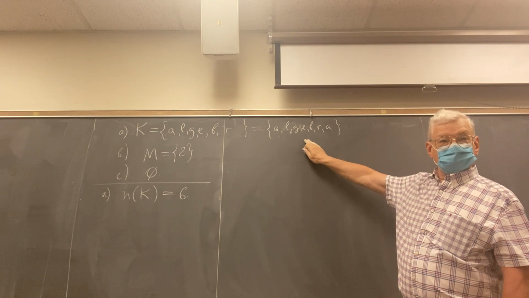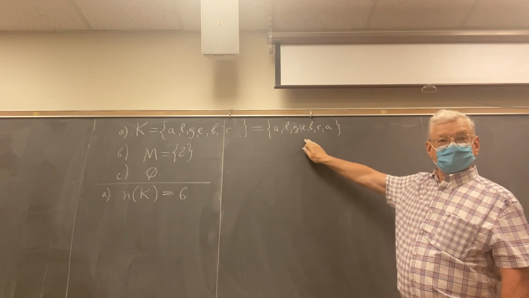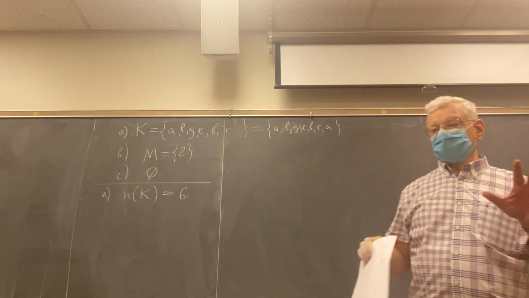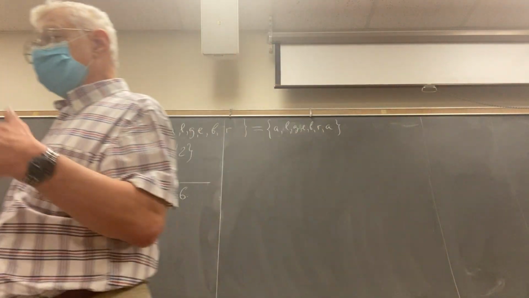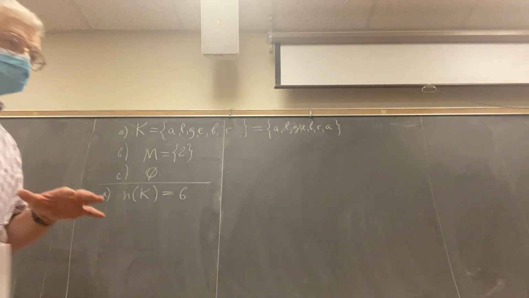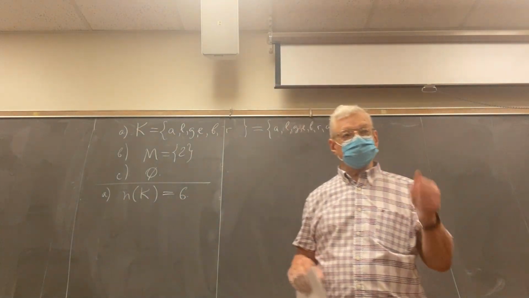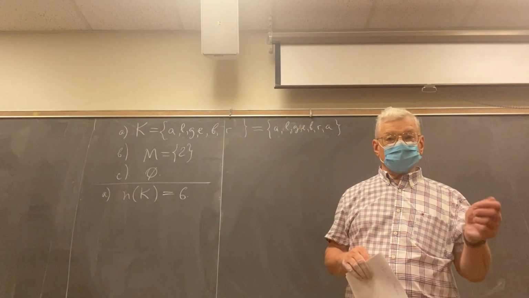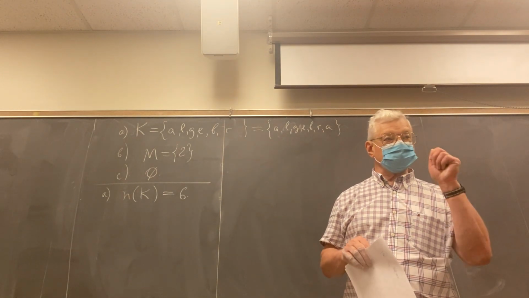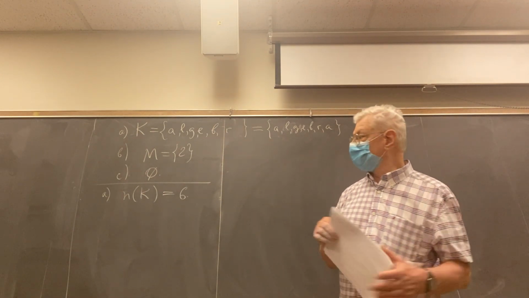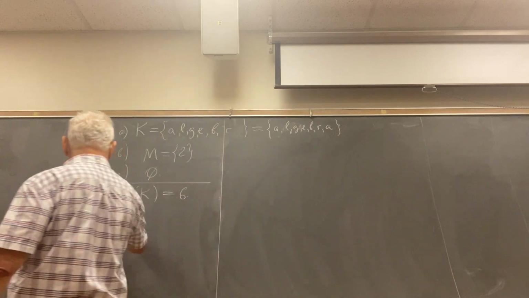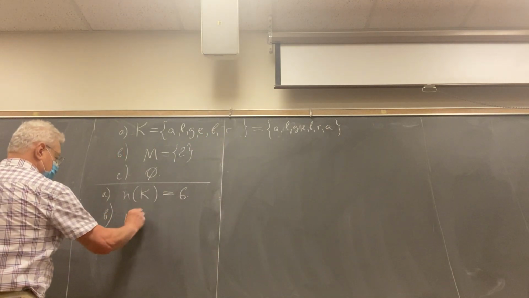If some elements repeat, you have to eliminate all repeated elements first, and then count, so that each element is counted exactly once. Got it? So therefore it's 6. Now B. What is n of M?